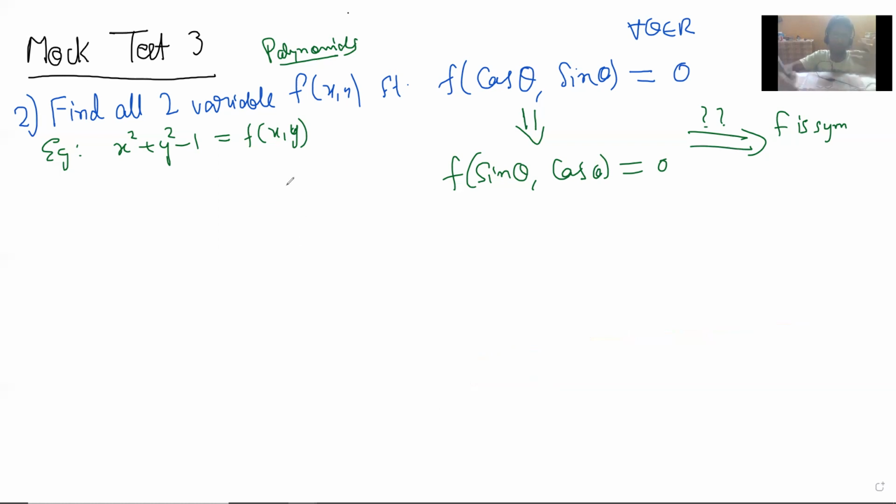So what are the other two variable polynomials? We have seen one. Which do not satisfy.